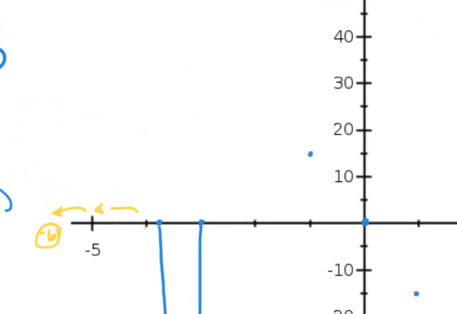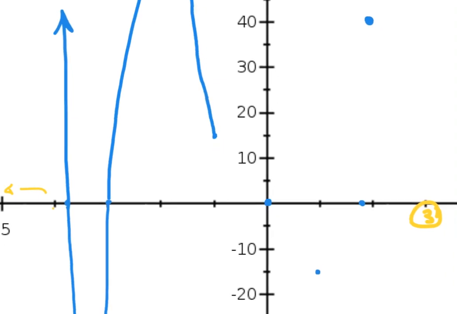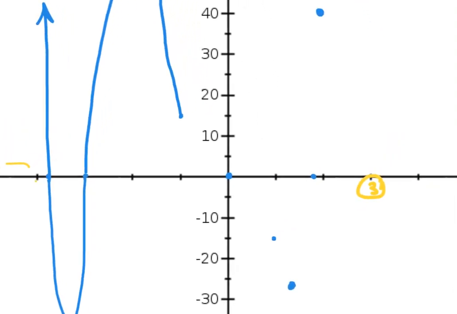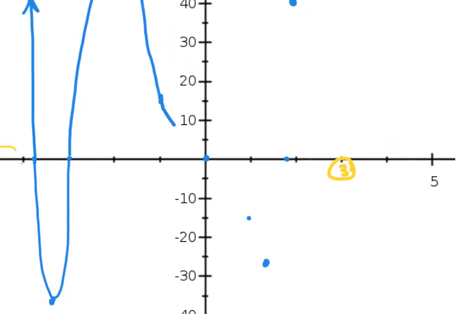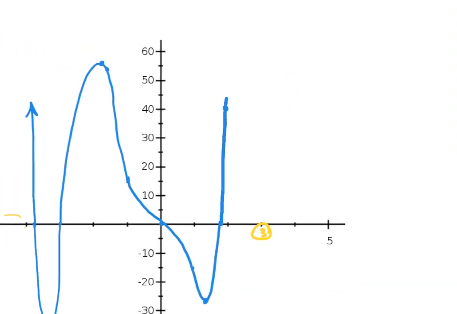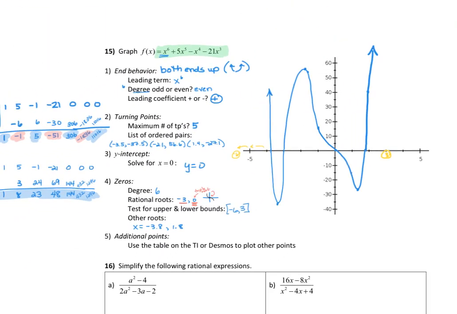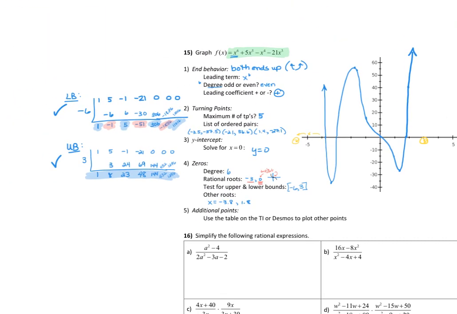I know that my end behavior on the left goes up. And then there's my maximum way up there. And then there's that little twist in here, and that's a minimum. And then that goes up to infinity on that side, and your graph kind of sort of looks like that, or I hope it should look sort of like that.